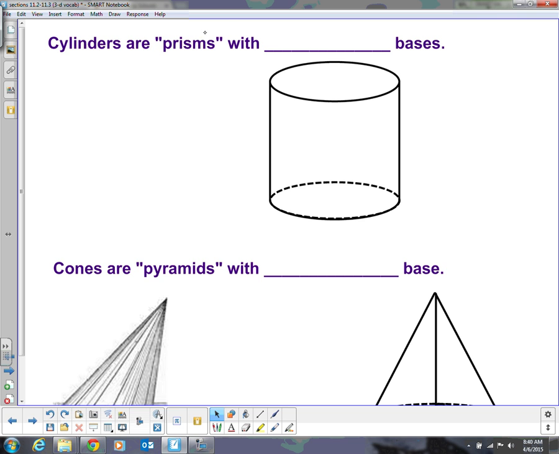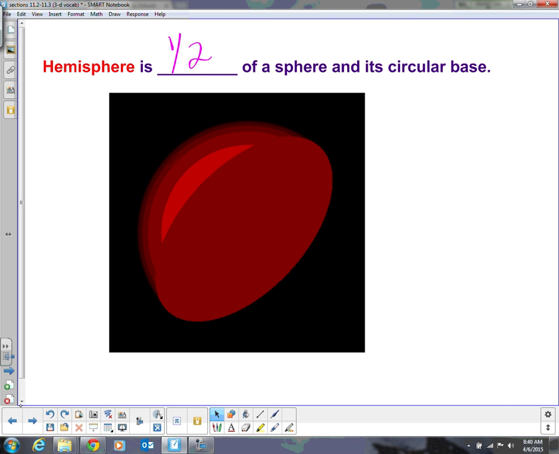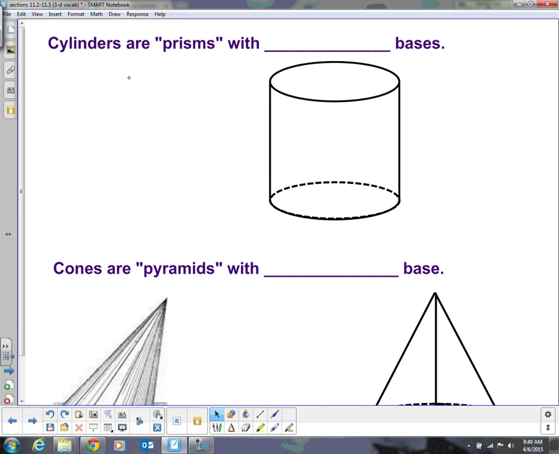Cylinders are prisms. Notice I put it in quotation marks because a prism has a polygonal base. But I think of cylinders as prisms with circular bases.